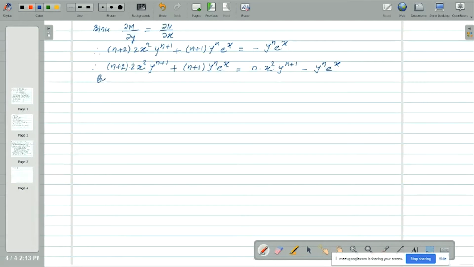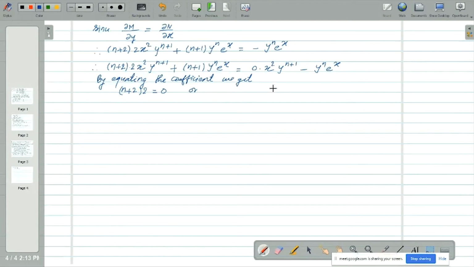So by equating the coefficients we get: this expression, 2 into (n plus 2), equals 0.